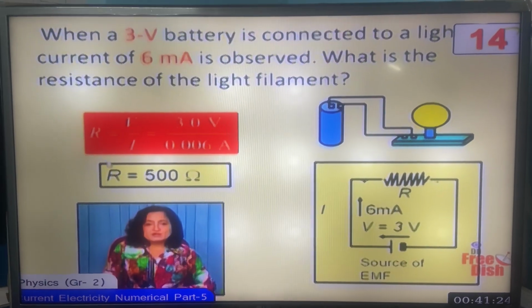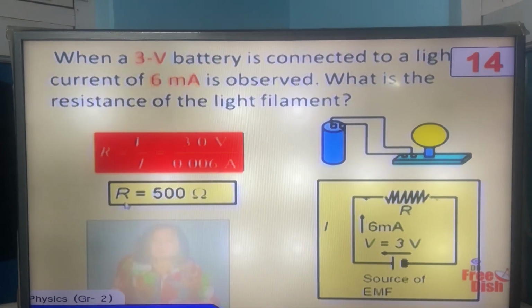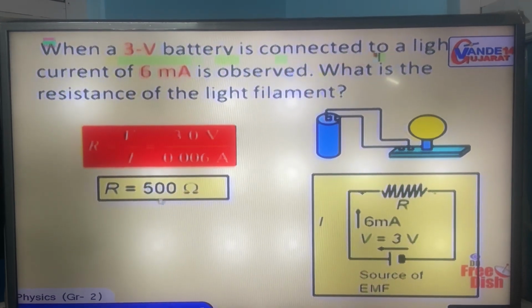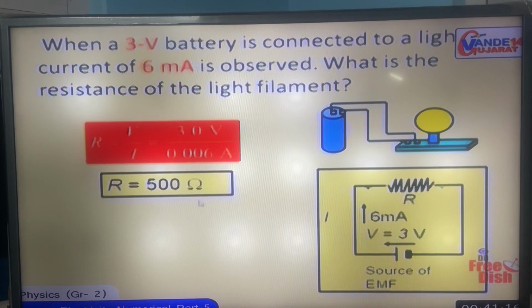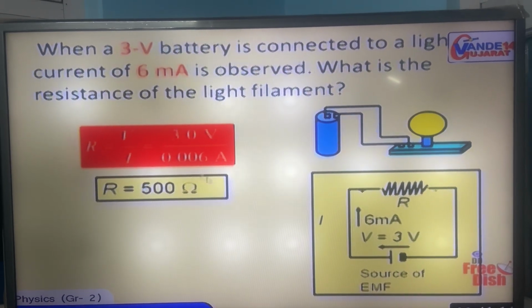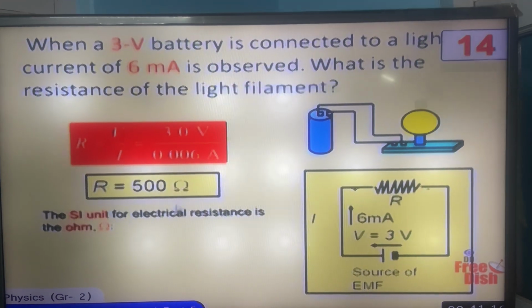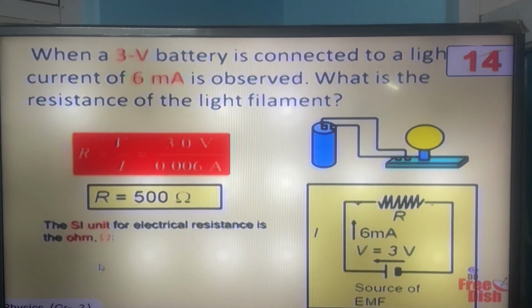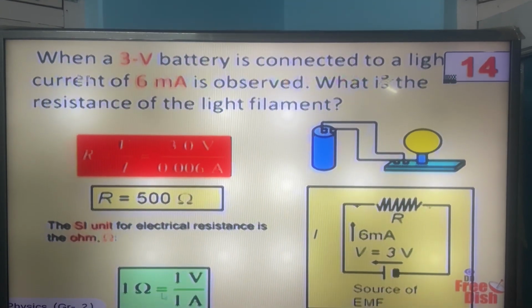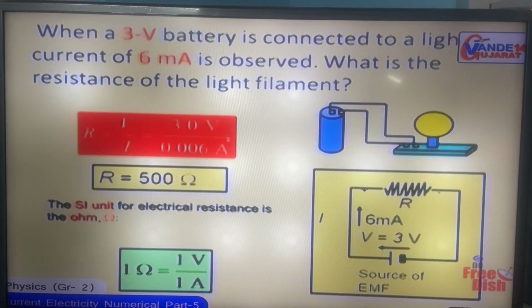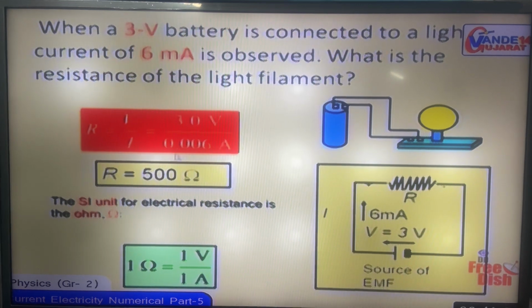Again, see, I have found the magnitude of resistance, and I also mentioned the unit of the unknown physical quantity. 1 ohm is equal to 1 volt upon 1 ampere. So I mentioned it as ohm.